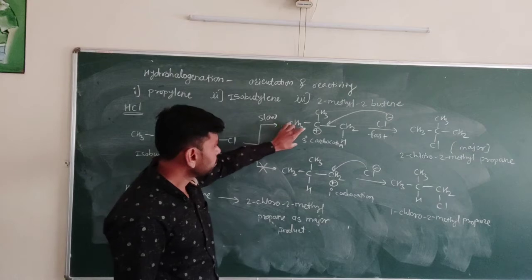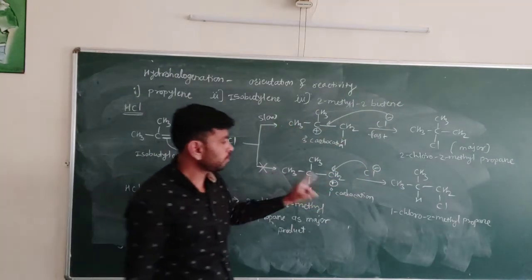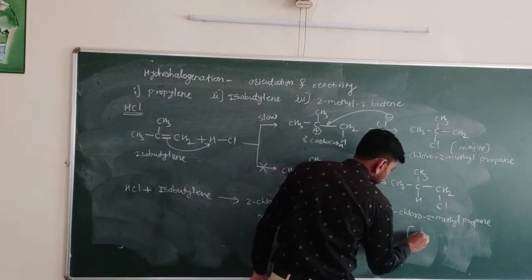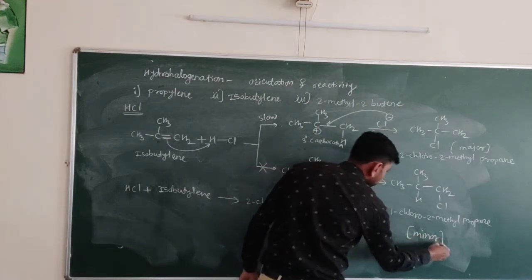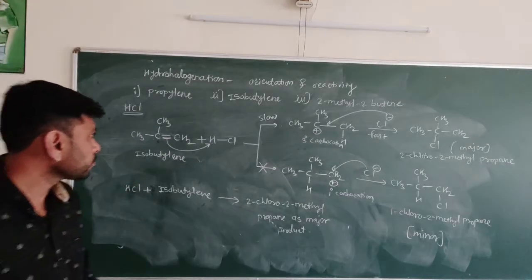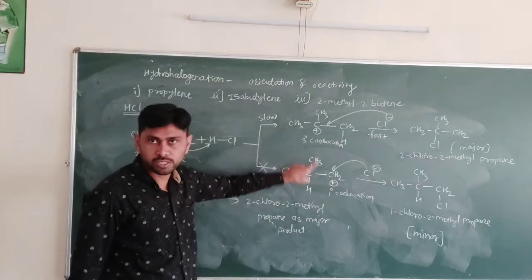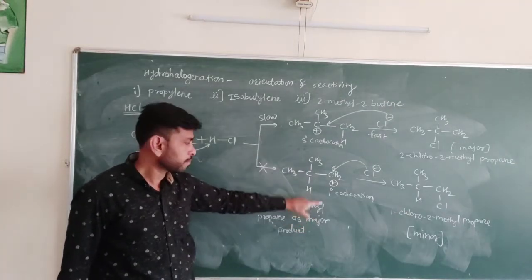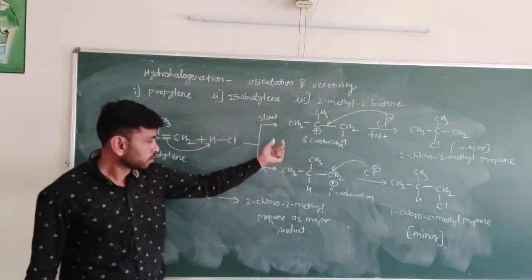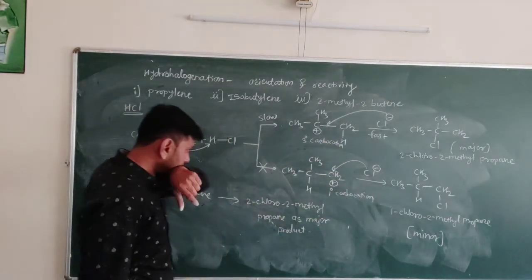This carbocation is a stable one, which gives the major product. This one is a less stable primary carbocation, so it gives product in very minor quantities. So this is the second example, isobutylene, where the tertiary carbocation is more stable than the primary carbocation.